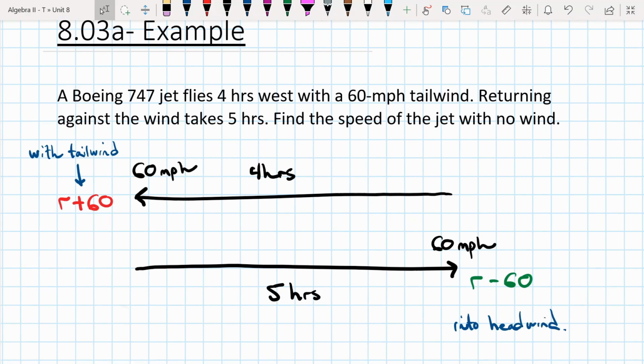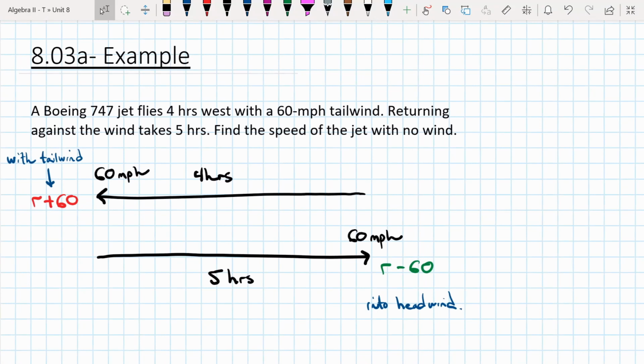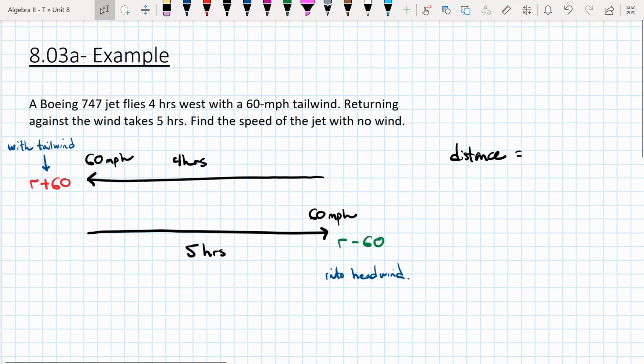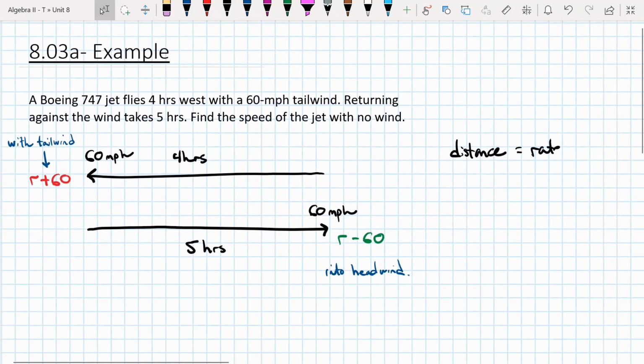Okay, so how do we solve a question like this? The idea is we want to solve for r. That's going to be the speed of the jet with no wind. The distance the jet has traveled is equal to the rate at which it's traveling times time. Okay, and there's actually two equations we're going to set up here. Let's start with the first scenario. The distance this plane is traveling is equal to the rate.